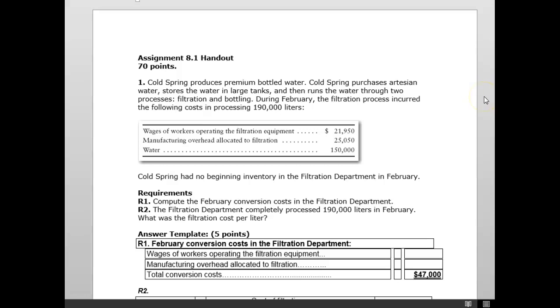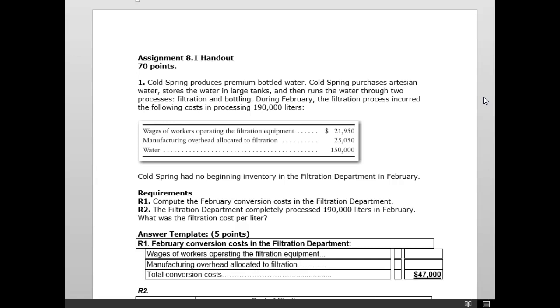Welcome to assignment 8.1, and we're now looking at process cost instead of job cost. Process cost looks at a product that is similar, such as making water, mineral water, or cola, anything dealing with a product where you can't distinguish one unit from another.